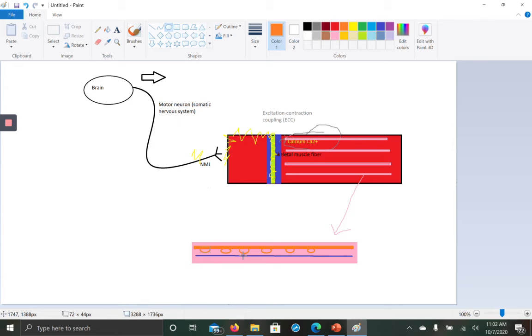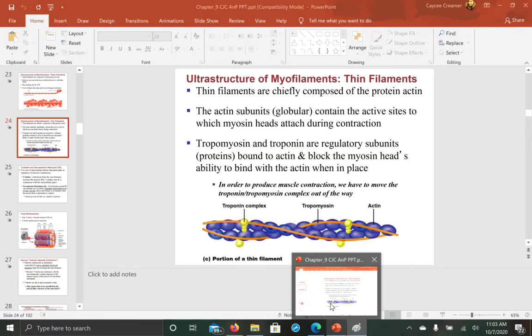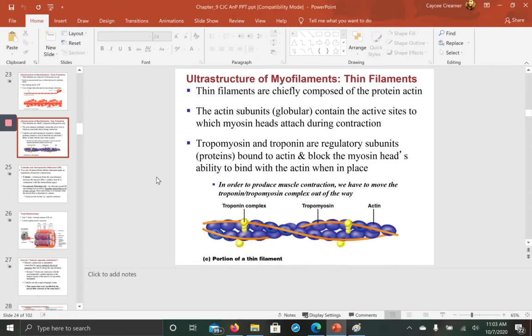And when myosin binds to the active site on actin, now they're touching each other and the myosin head pivots. It kind of swivels. And this swivel reaction allows for overlap of actin and myosin.